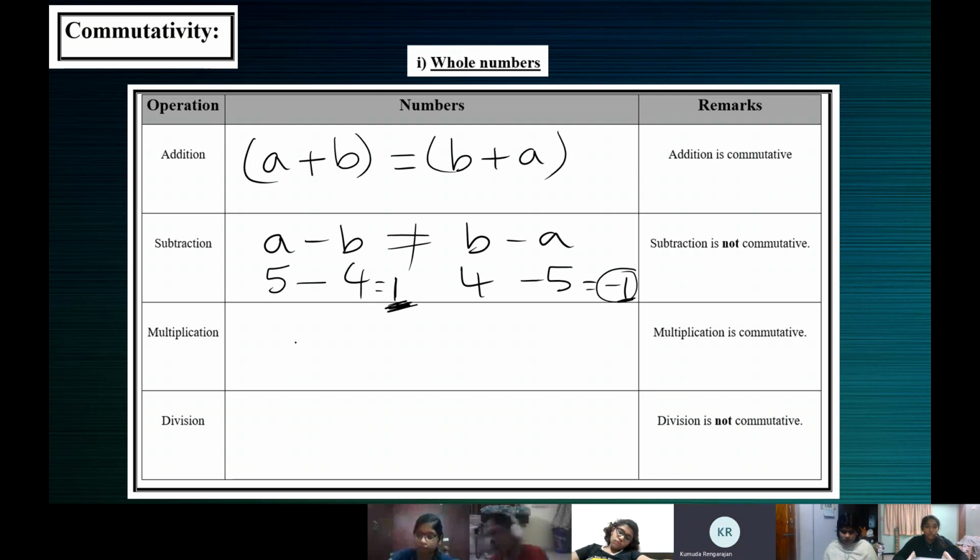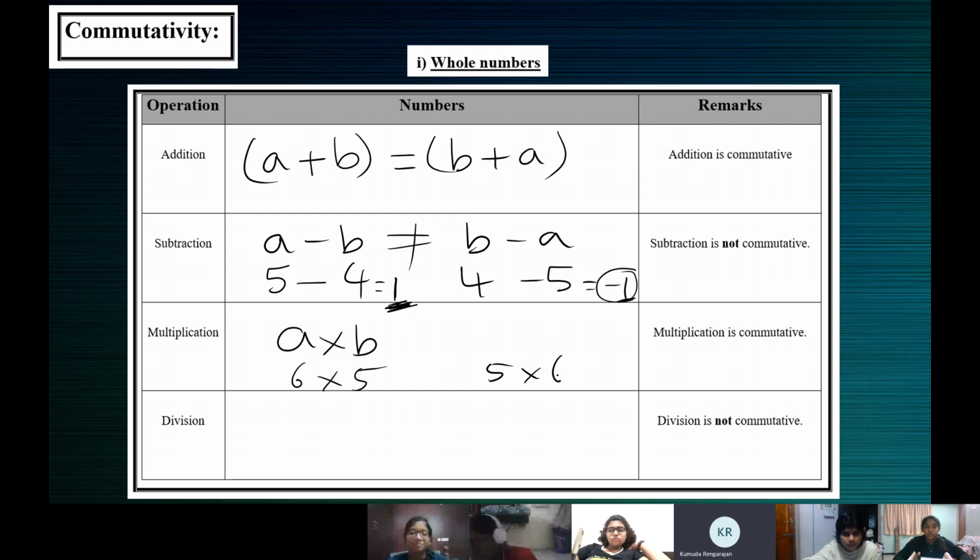What about multiplication, children? When you multiply, we have learned our tables. 6 fives are 30, 5 sixes are 30. Is it the same? Yes, ma'am. Even if you take 0, because whole numbers include 0.